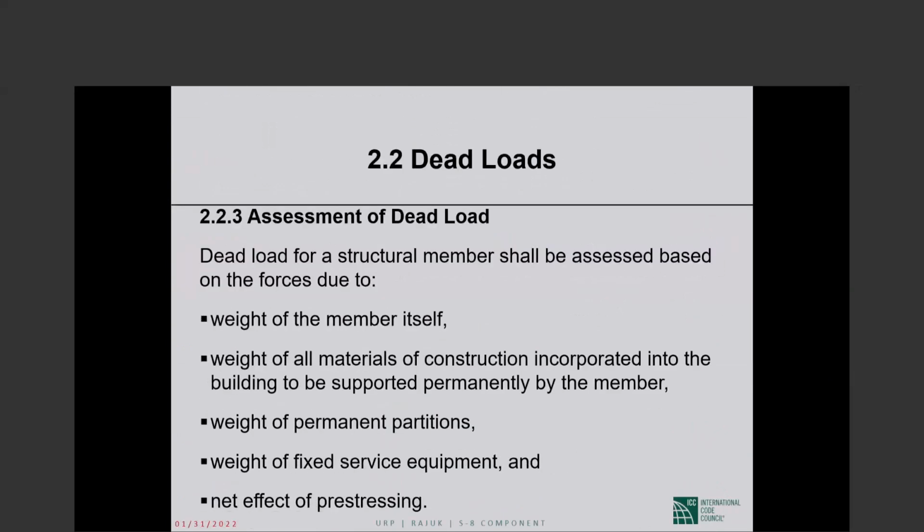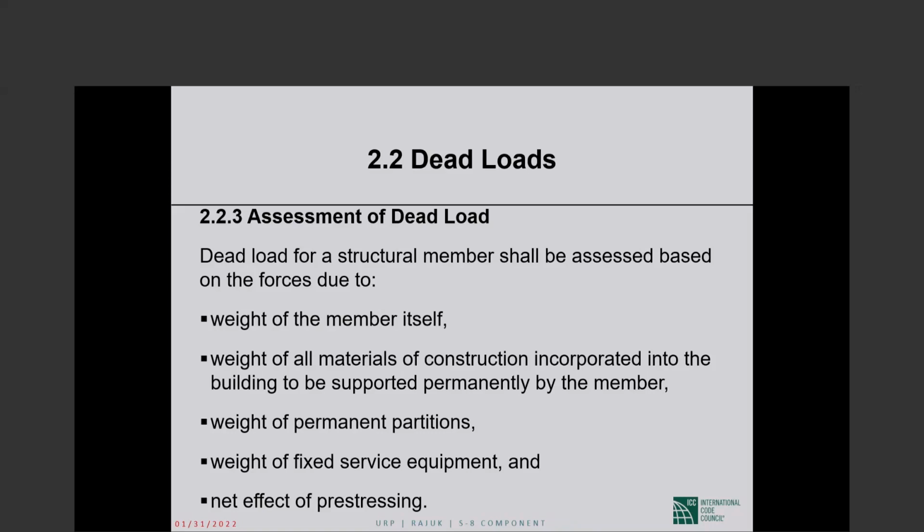You know this. Okay. Dead load for a structural member shall be assessed based on the forces due to weight of the member itself, weight of all materials of construction incorporated into the building to be supported permanently by the member. And I find this written in an interesting way. So what I think is being said is the weight of the member itself, and then the second item is, you know, whatever else.